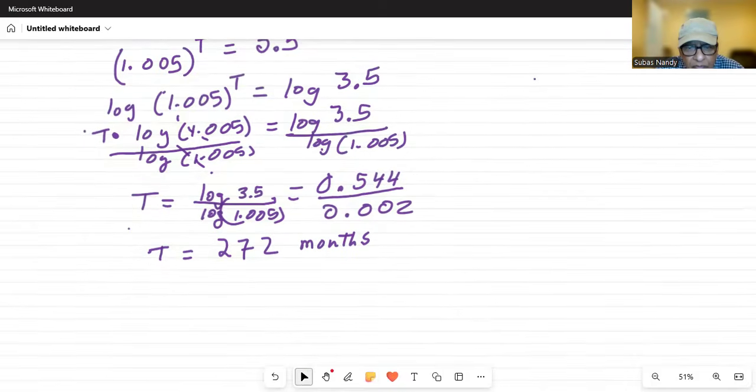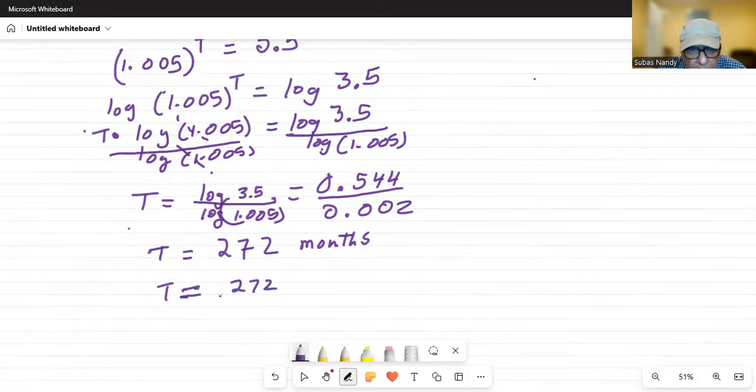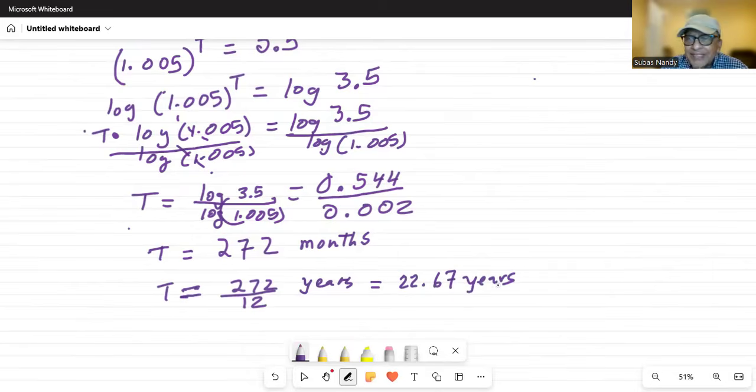So t is equal to 272 divided by 12 months in a year, which is approximately 22.67 years.